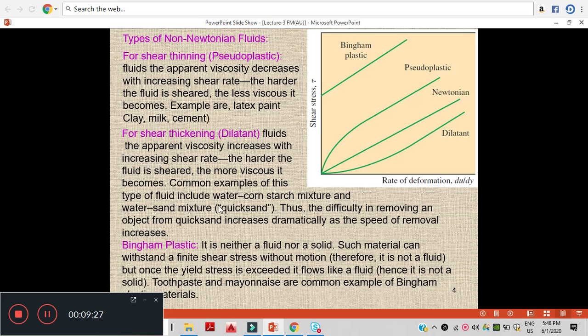When we mix water and corn together, and we keep applying shear stress, the mixture becomes thicker and thicker. The same we can see here. Initially the viscosity is following this line, but as we increase the shear stress, the viscosity is increasing. Such fluids are called dilatant fluids.